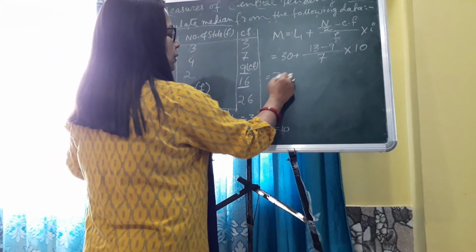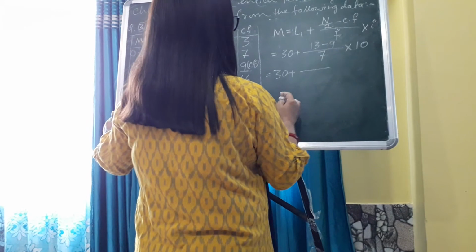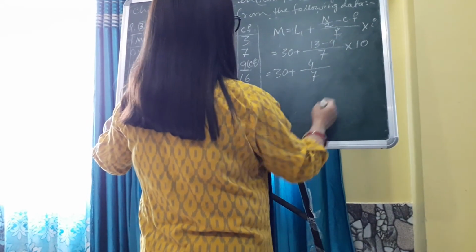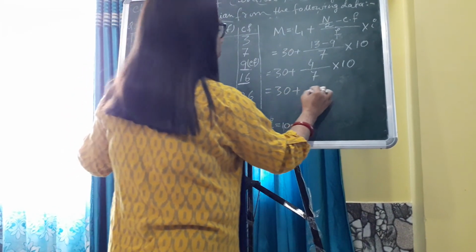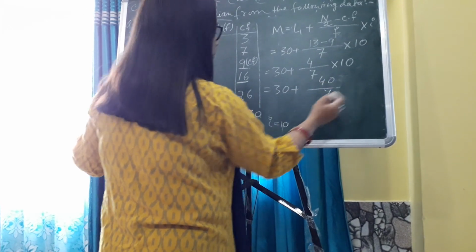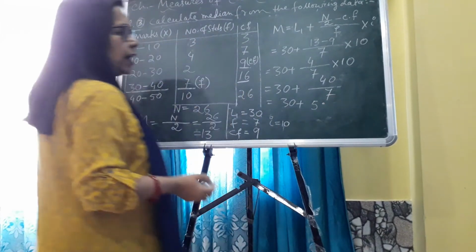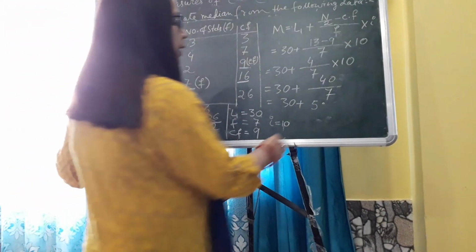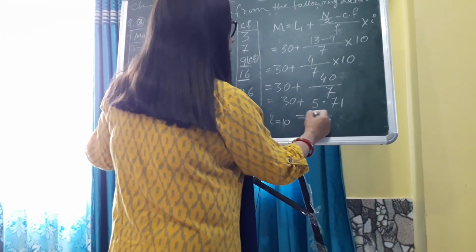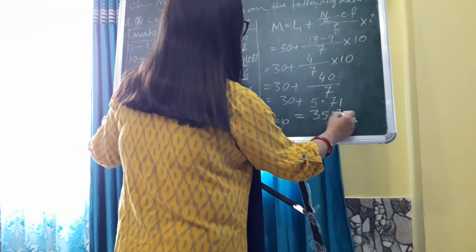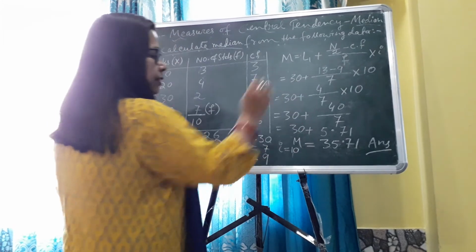Now calculate: 30 plus 5.71, the answer is 35.71. This is the answer of median in continuous series.